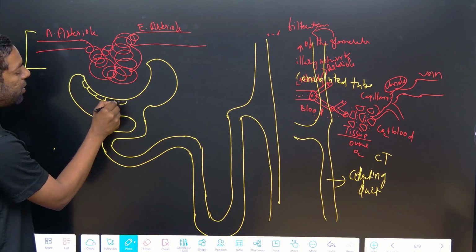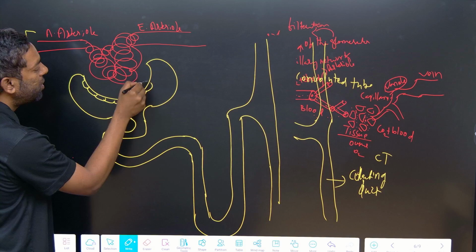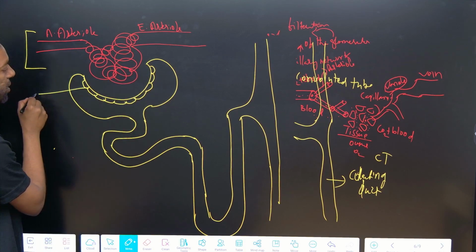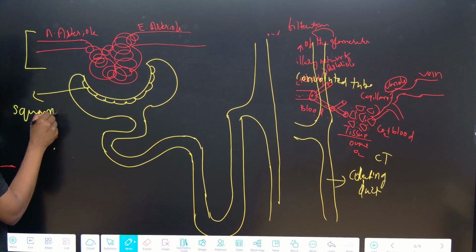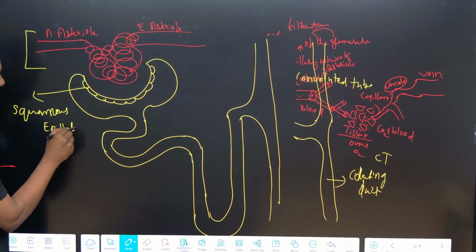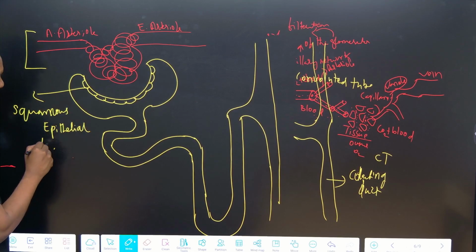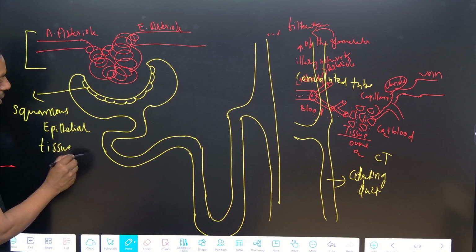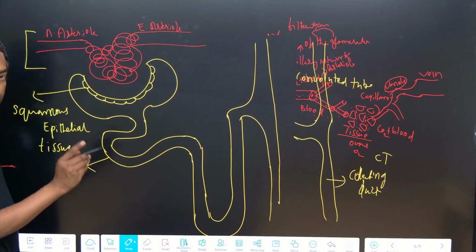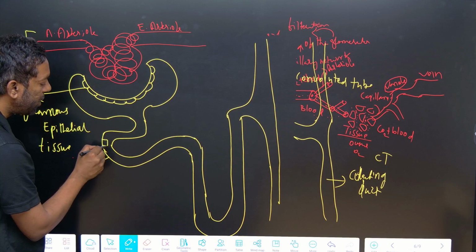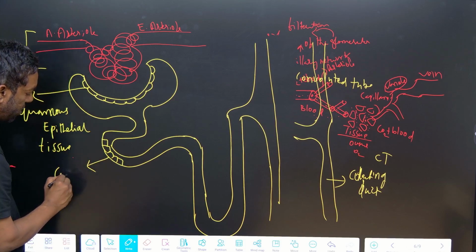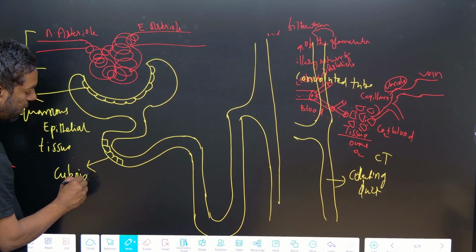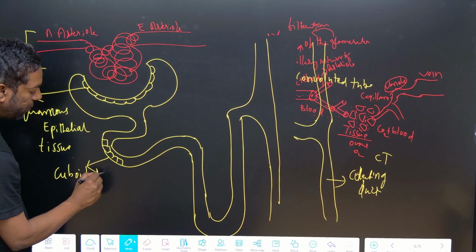Like the epithelial tissue in the Bowman's capsule, it is squamous epithelial tissue, guys. Here the DCT has cuboidal epithelial tissue.